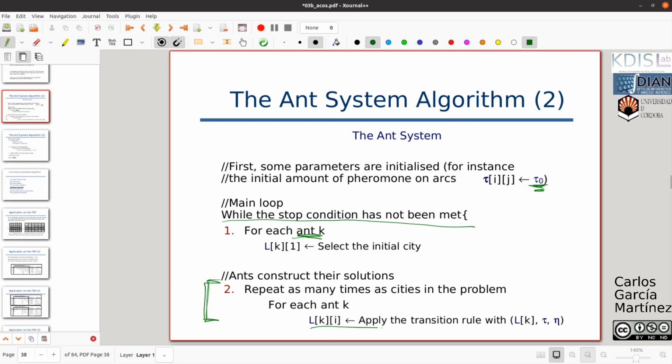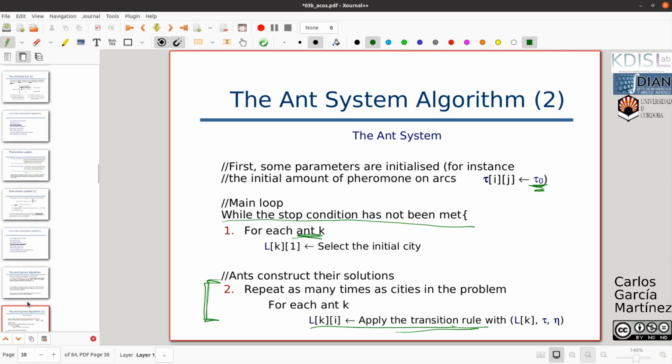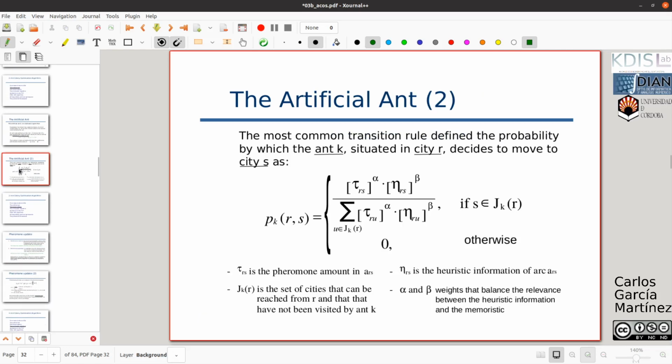In this step, they are applying a transition rule where they decide the next city to visit according to the heuristic information for the different possibilities, and also the amount of pheromone for these possibilities. You can recall the formula, which was this one.